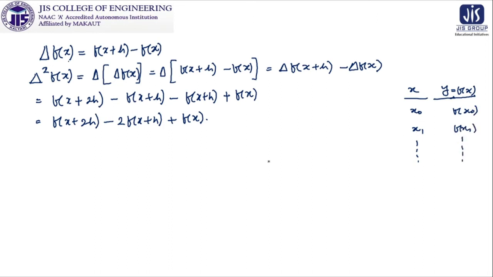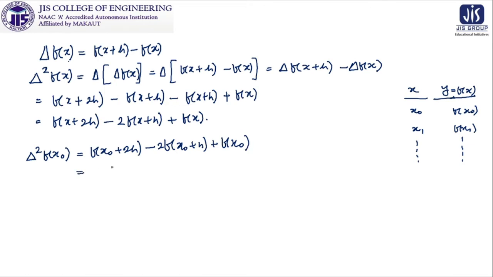If you want to find del 2 of f of x0, then you need f of x0 plus 2h minus 2 f of x0 plus h plus f of x0.